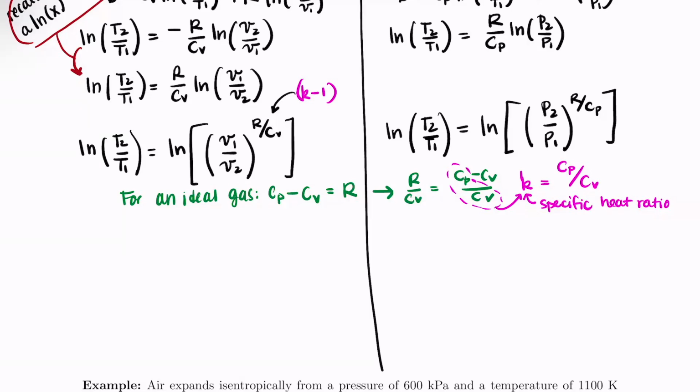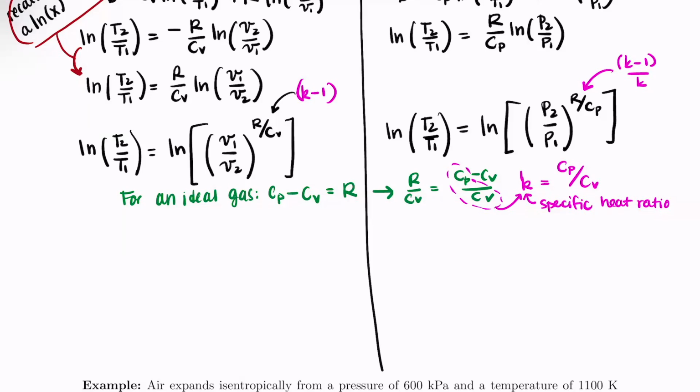And we can rewrite this exponent as k minus 1 divided by k.